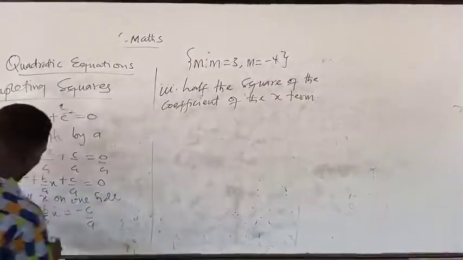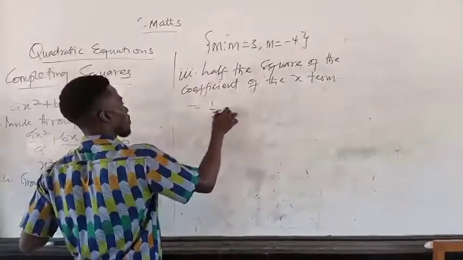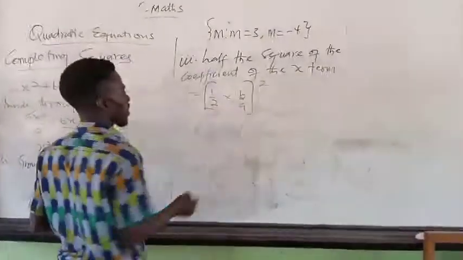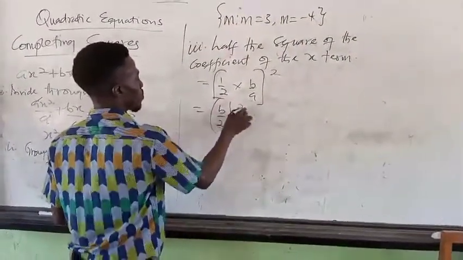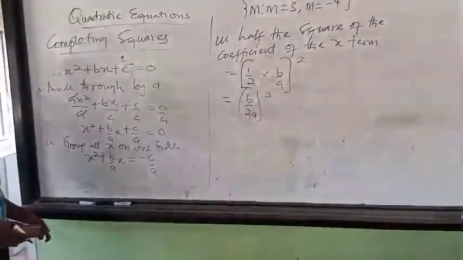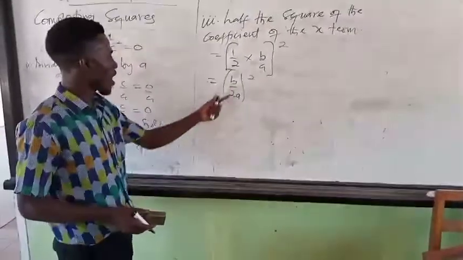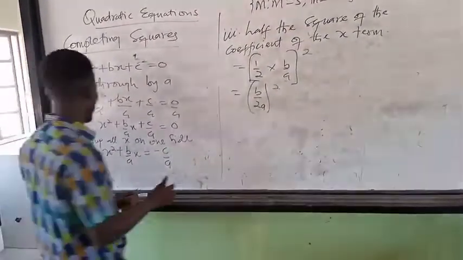So I'm going to find half the square of this. So that's half times b over a, all squared, and that's b over 2a all squared. Now after getting this, you add b over 2a squared on both sides of the equation. That's the first step.